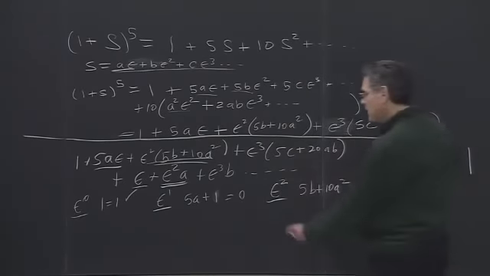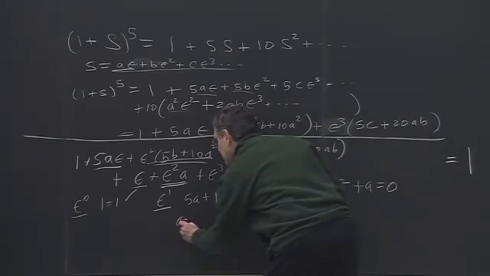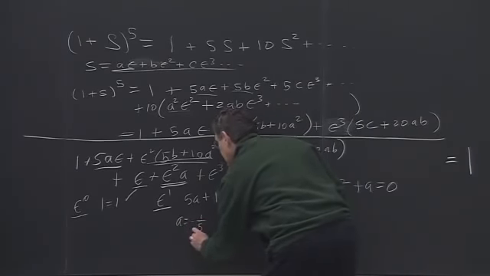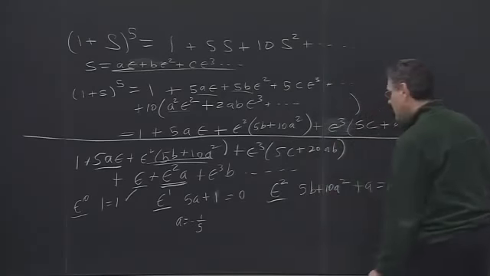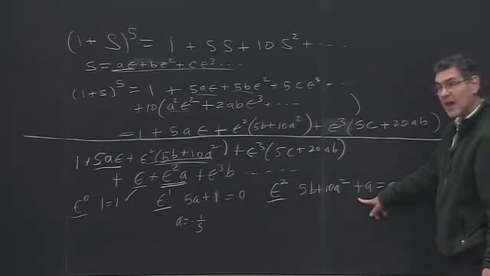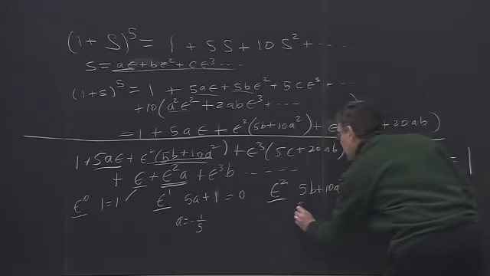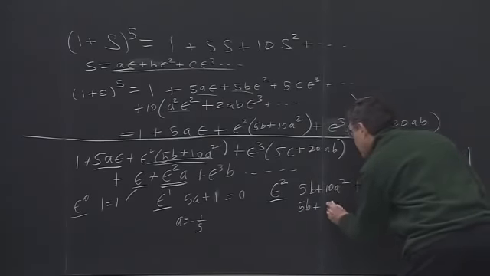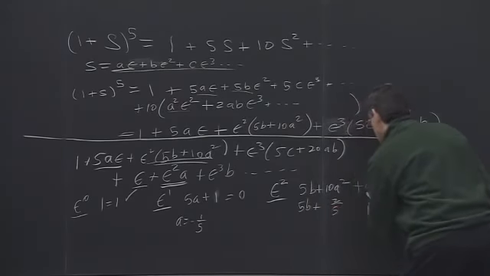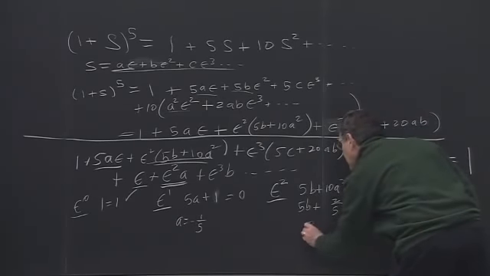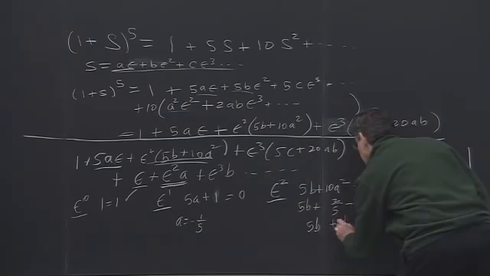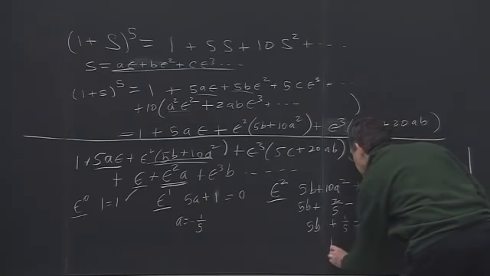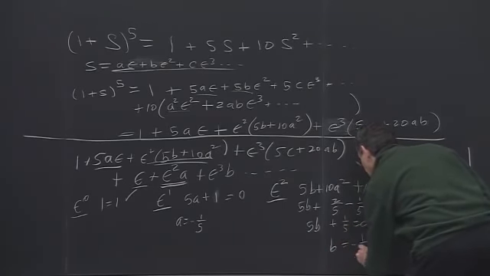In fact, if we solve the first problem, you get a is equal to minus 1/5, and for this problem, you just plug in a. So we have 5b plus 10a squared, which is 2/5, plus a, which is minus 1/5, is equal to 0. So 5b plus 1/5 equals 0. b is equal to minus 1/25.